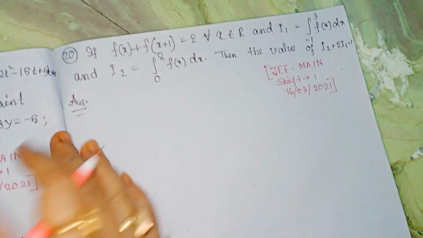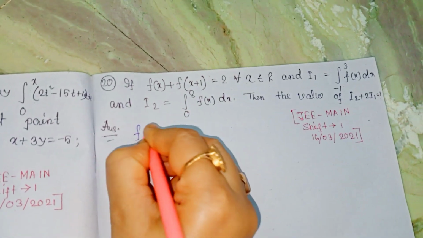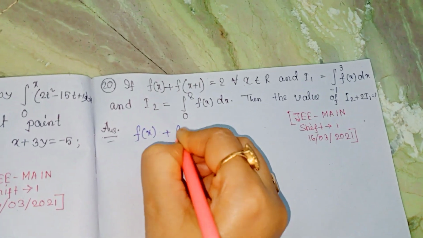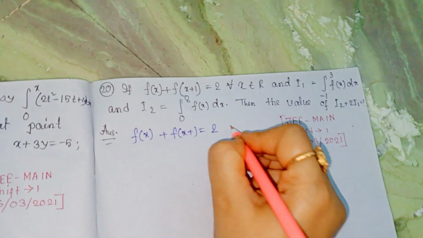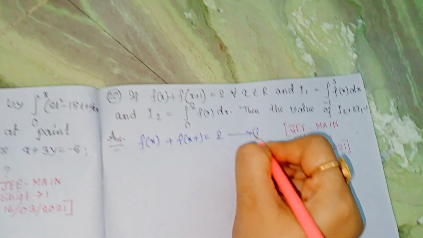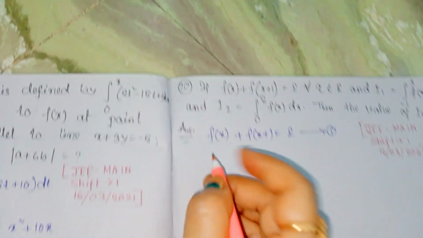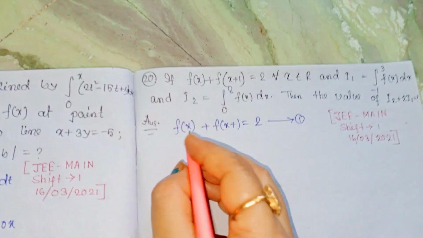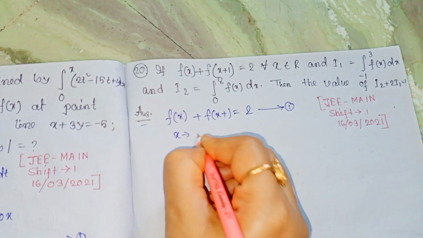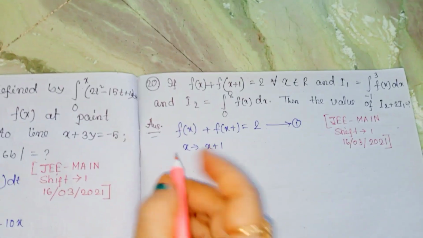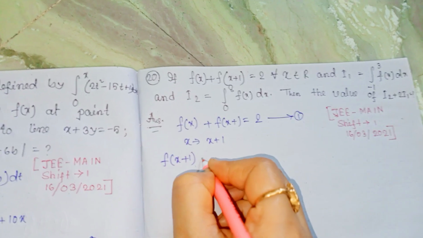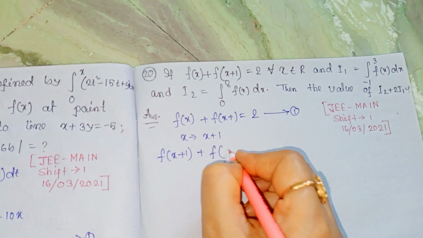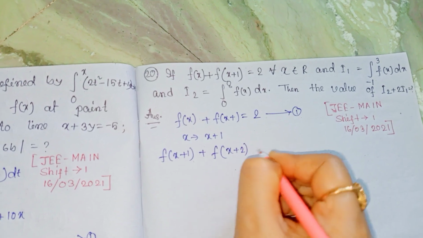So at first, f(x) + f(x + 1) is equal to 2. This is our equation number 1. If it is a periodic function, then we may write x tend to x + 1. So here we get f(x + 1) + f(x + 2) is equal to 2.